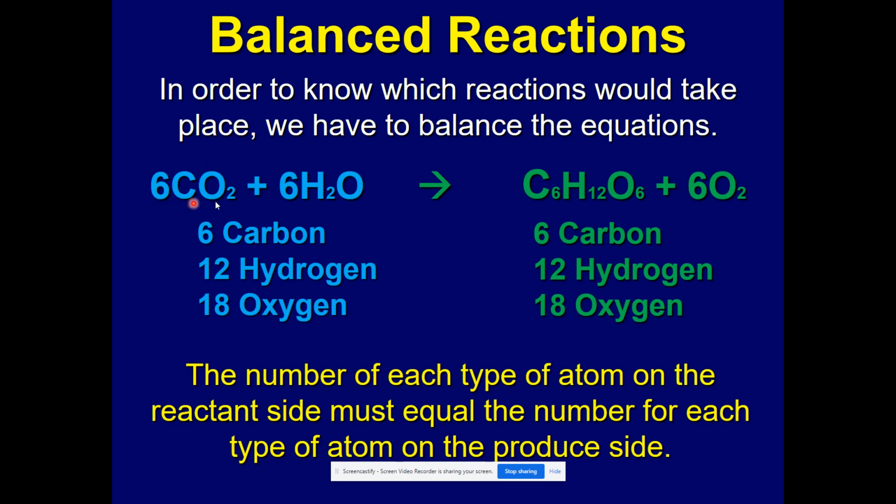It tells you how much you need to add of any substances, any reactants, to get the desired products, the products that you want. Right, so here this is balanced. If we look, here are 6 carbon atoms, 12 hydrogen atoms, 12 hydrogen atoms on the product side, 18 oxygen atoms on the reactant side, and 18 oxygens on the product side. Okay. So that's the concept of why we have to have balanced equations in chemistry.